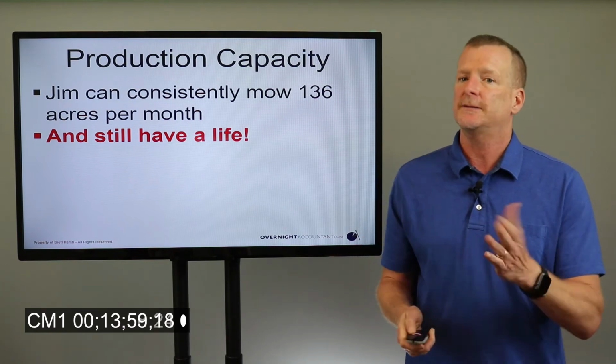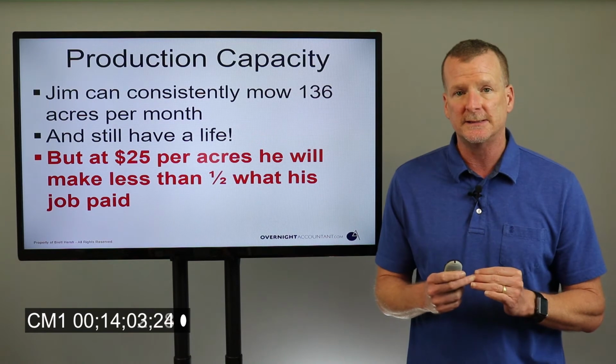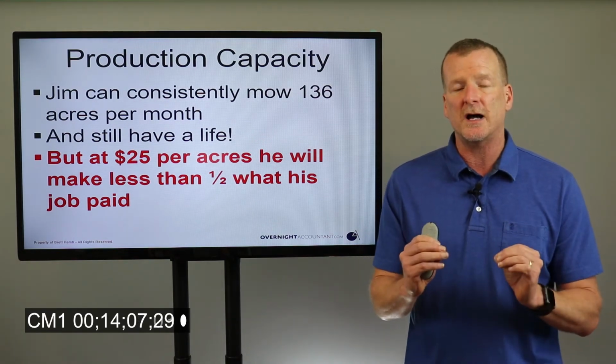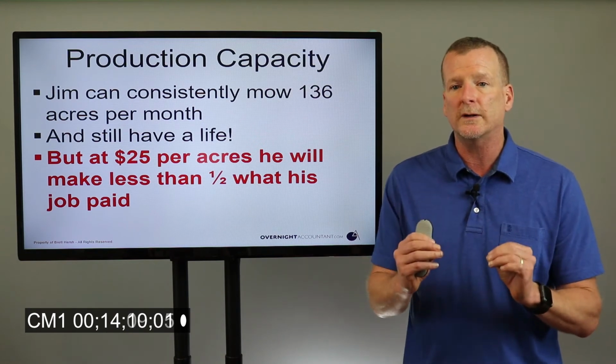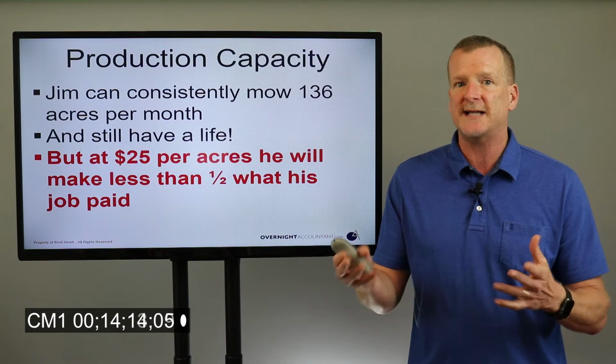So that's what he's after. But if he's charging 25 bucks an acre, he ain't gonna make no money. He's gonna make less than half of that $700 that he was making before at the job he quit to go in business for himself, doing the exact same thing.